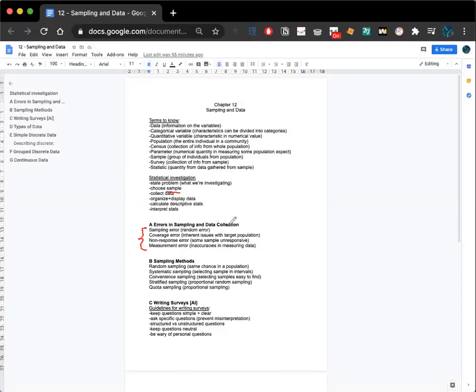So the first error that you have would be the sampling error or random error. These errors are usually unprecedented, and statistically it doesn't normally happen on average.